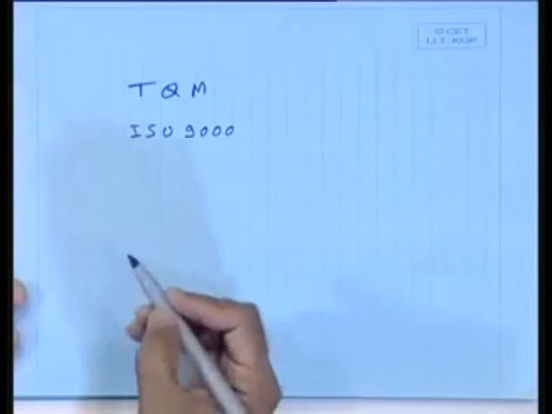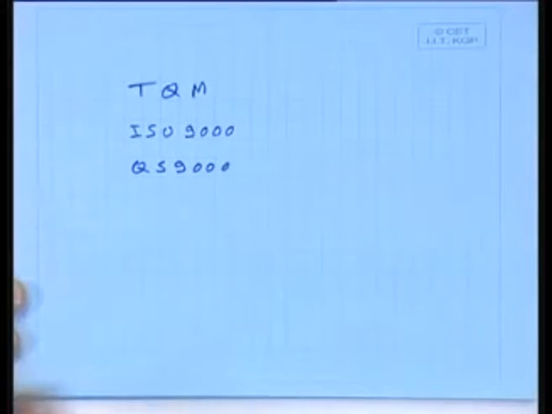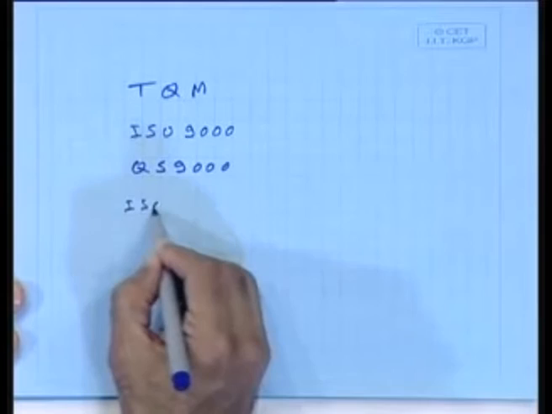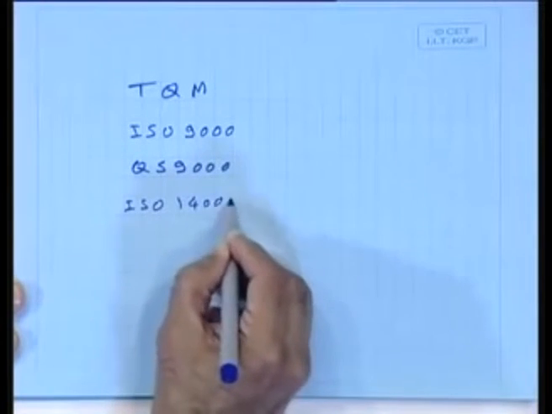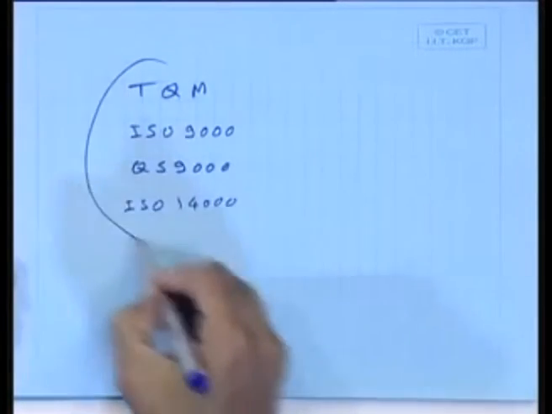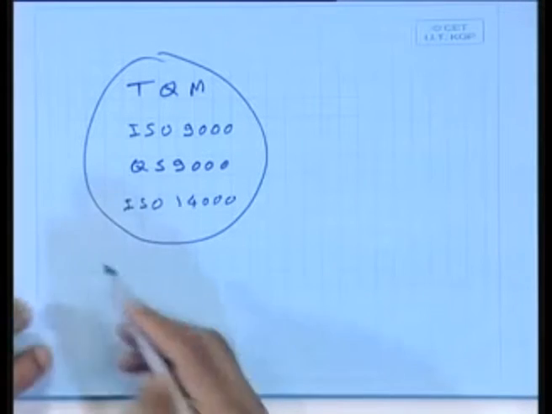And of course, other systems are also there, for example, QS 9000. Then of course, you've got something called ISO 14000 with a slightly different agenda. So I'll be discussing these as we go along, but do remember these are different, distinct quality management systems.